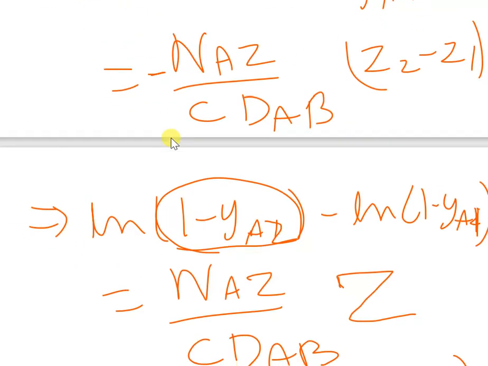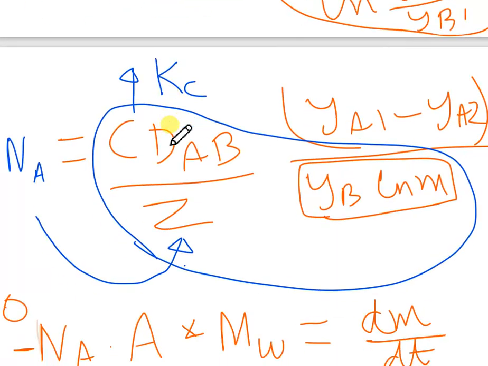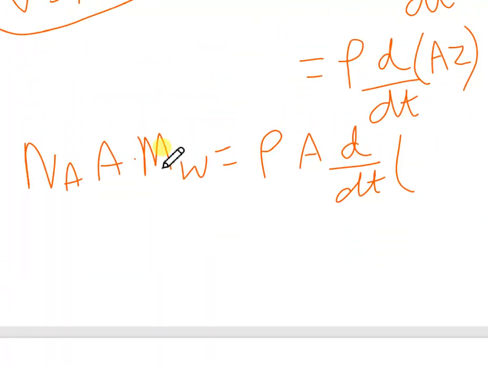So what we can do, our small z is basically total length minus the diffusion path.